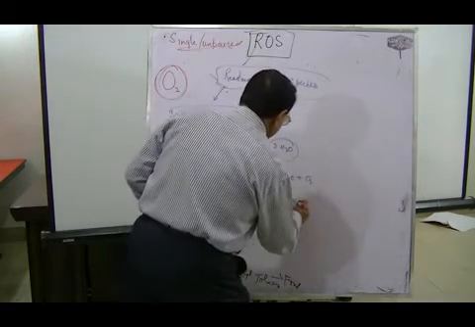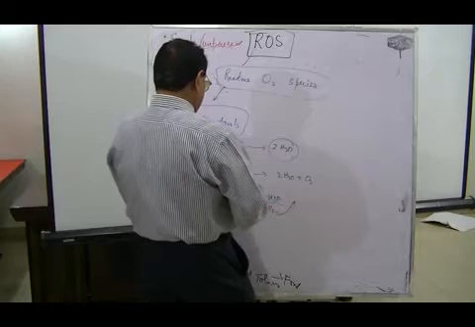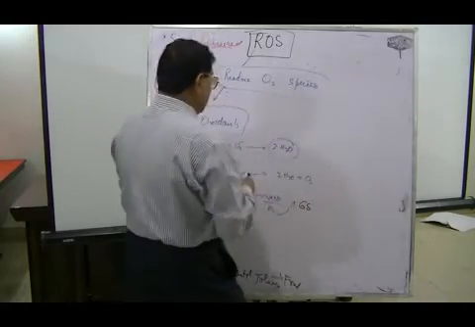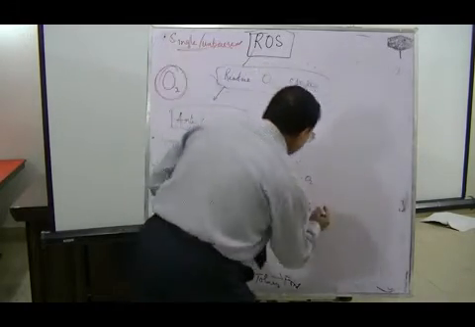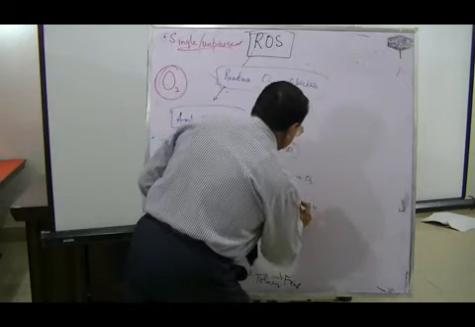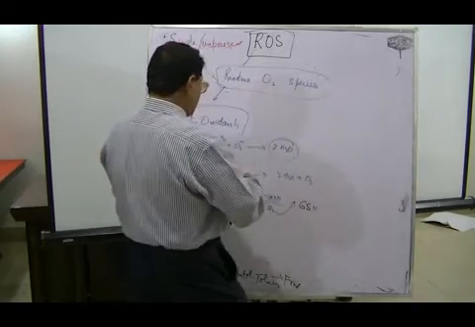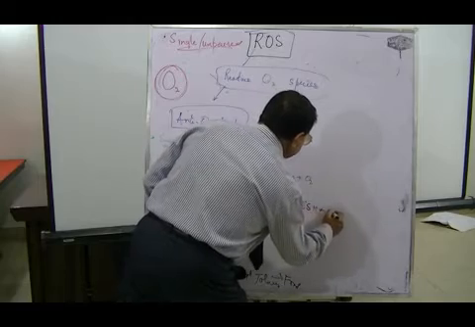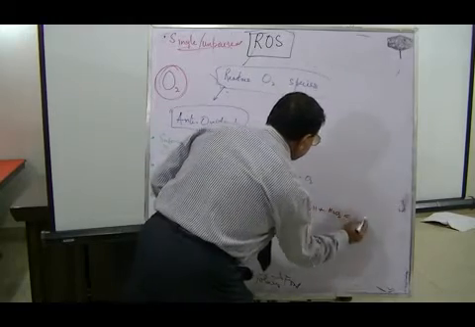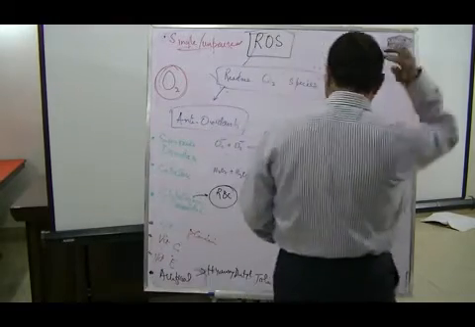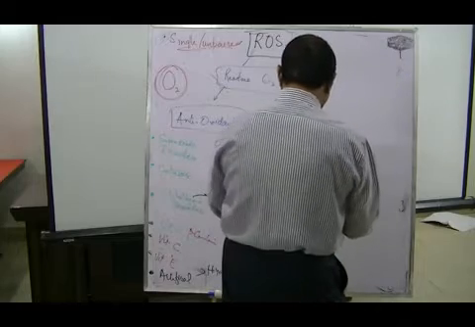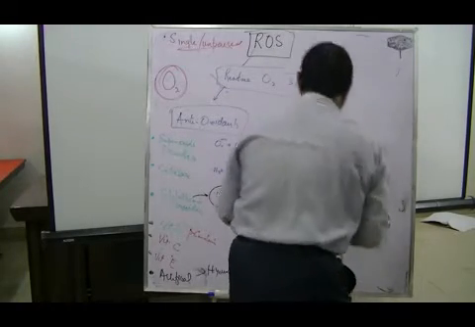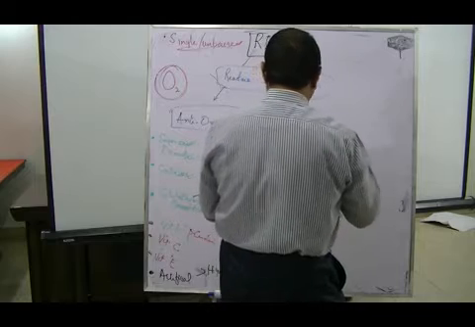This H2 goes to glutathione, which is present in the cells, and it forms reduced glutathione. So 2 molecules of reduced glutathione plus H2O2 will be converted into glutathione plus 2 molecules of water.